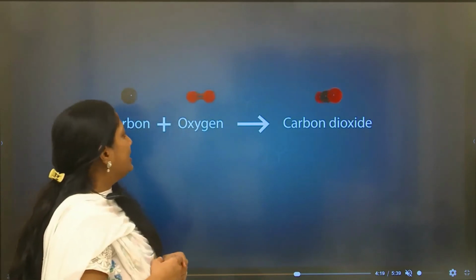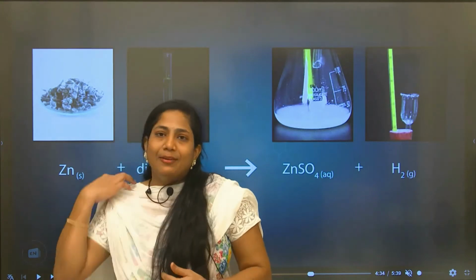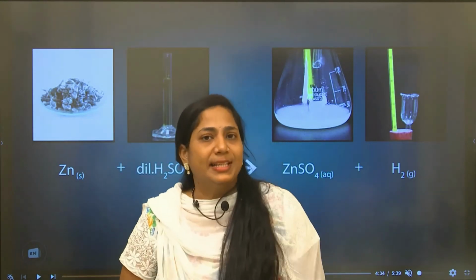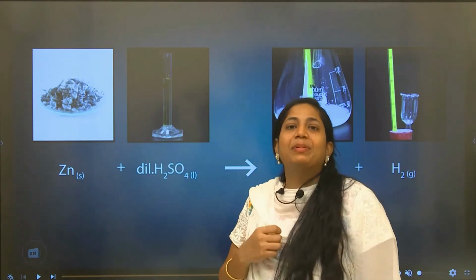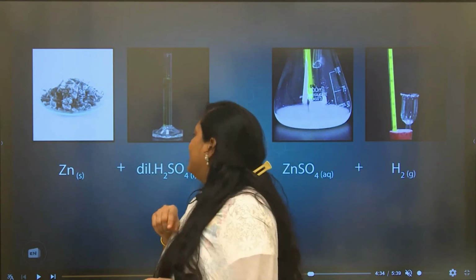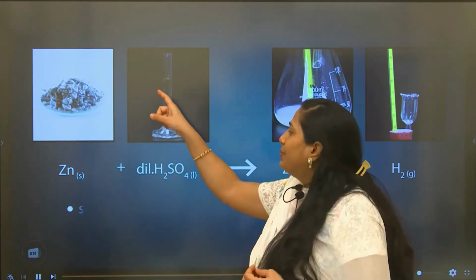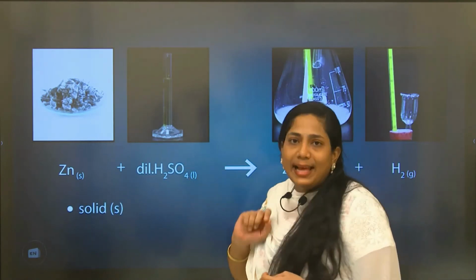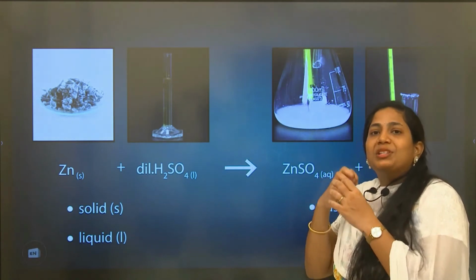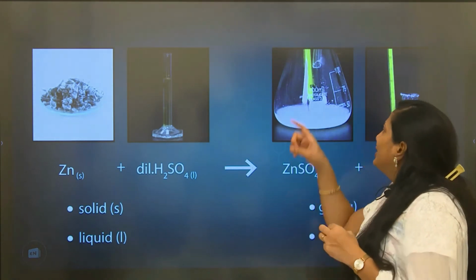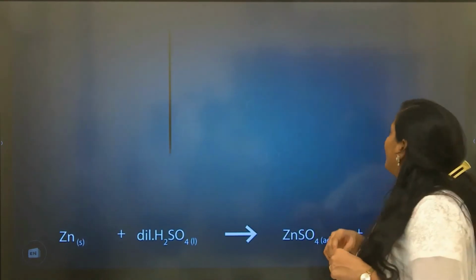Now, we'll consider one more example. We'll take the same equation with zinc and sulfuric acid. Zinc is a solid, so we represent the solid as S, and dilute sulfuric acid is a liquid, so we represent the dilute sulfuric acid as L. The combination of the solid and the liquid makes the aqueous solution, so that aqueous solution is measured in AQ.